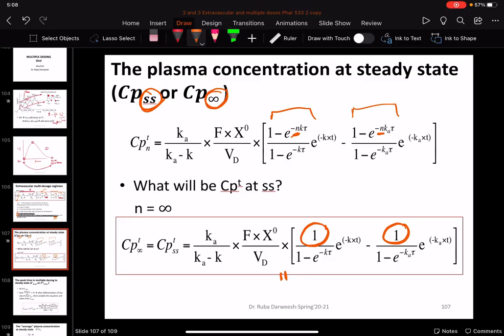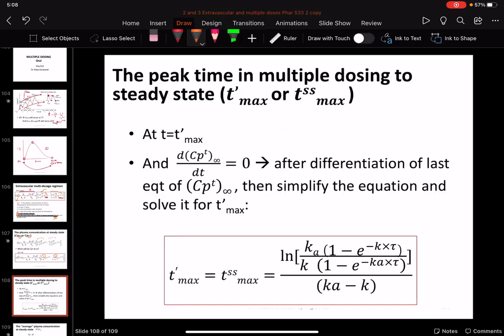This is the steady state at certain time, not at Tmax, okay? When we had Tmax, we mentioned that Tmax only at steady state is more complicated compared to Tmax for a single dose, and this is obvious because we are talking about multiple doses, but still it depends on Ka and K only, and it's independent of the dose.